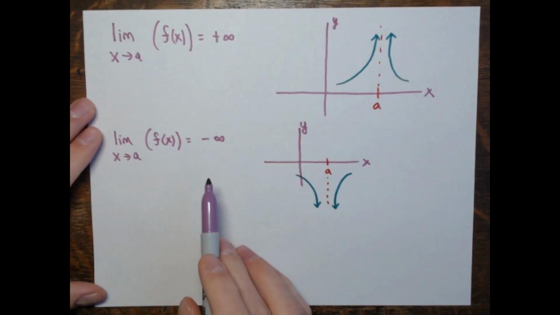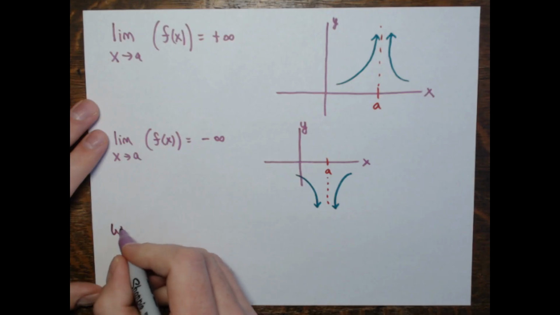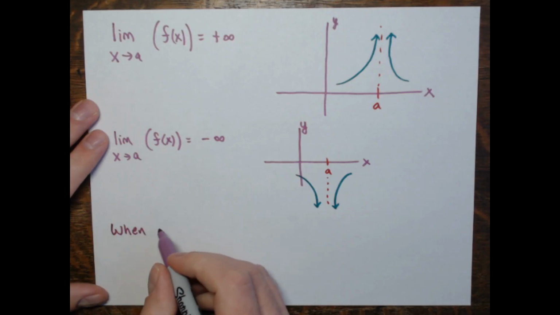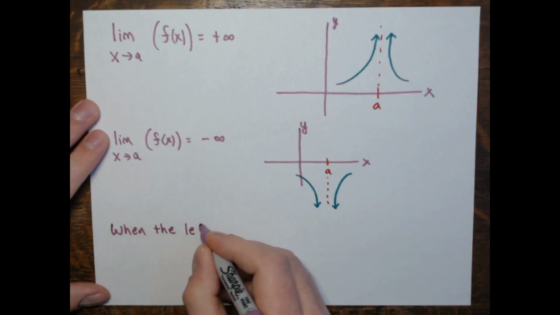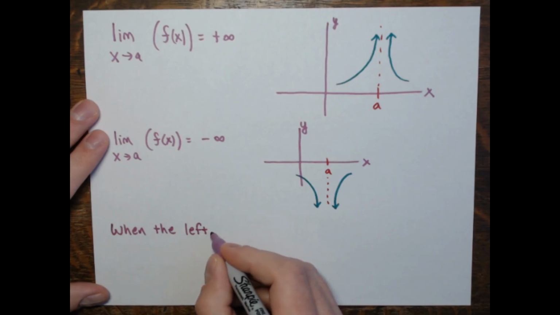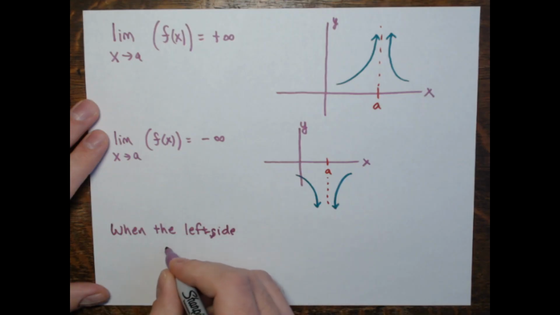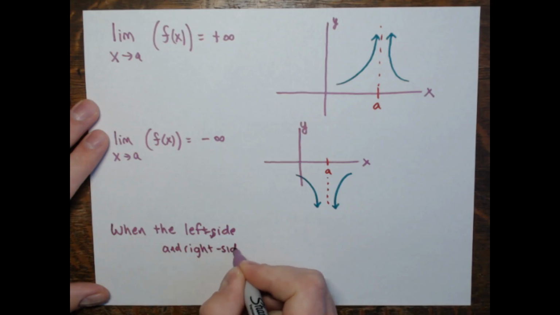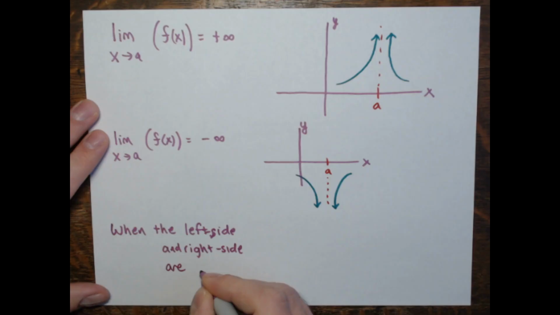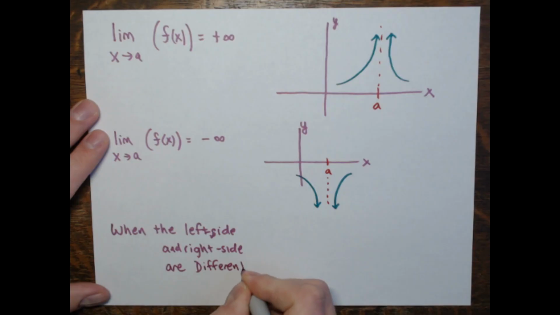Now, the only time you're going to actually say DNE, does not exist, for these is when the left side and right side limits are different infinities.